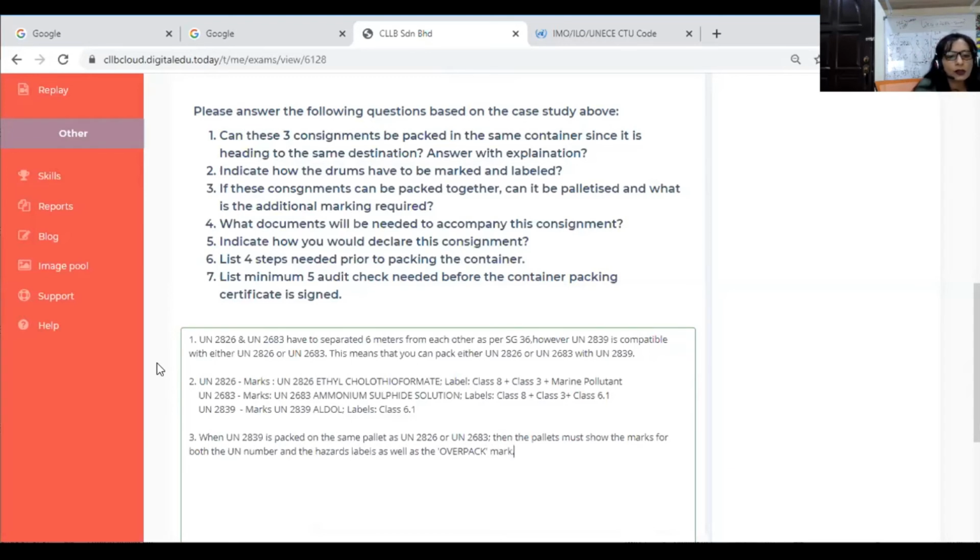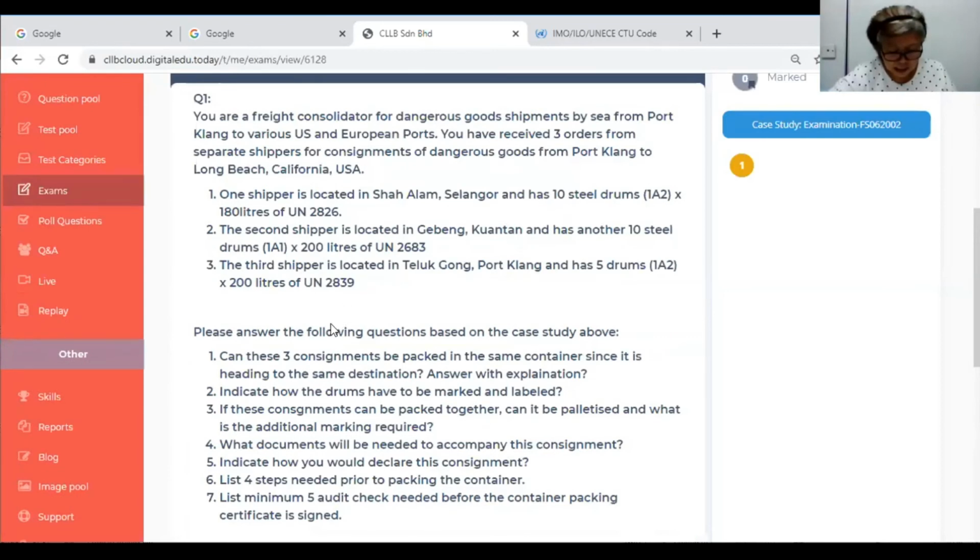But what documents will, sorry? If I'm the freight forwarder, unless it's all going in the same direction, in terms of the arrival, same consignee. That's the idea. It doesn't specify that it's going to the same consignee, just saying going to the same direction, because it just says various US ports, right?